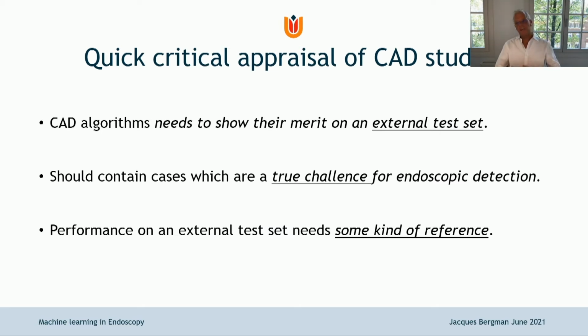And logically, that external test set should have true challenges for endoscopic detection. It makes no point to look at a test set with huge polyps or with huge Barrett's cancers. Here, you don't need a CAD detection tool. So a performance score of a CAD algorithm only bears relevance if you know how well endoscopists would have done without the CAD algorithm. You need some kind of reference.